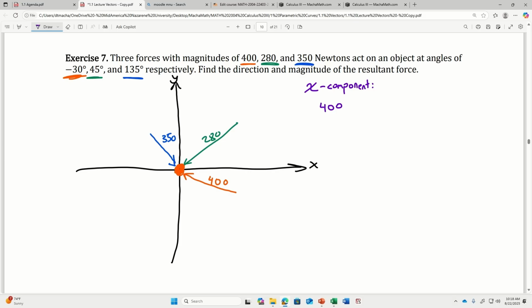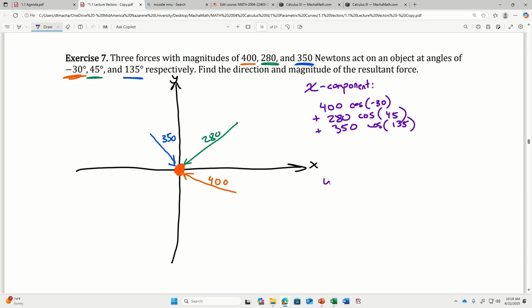The x direction is going to be the sine or cosine? Cosine of negative 30. Plus 280 times the cosine of 45 plus 350 times the cosine of 135. That's going to be my x component of the resulting force.